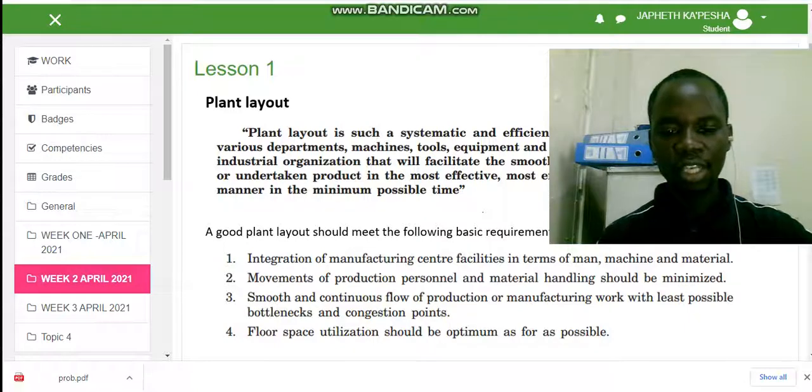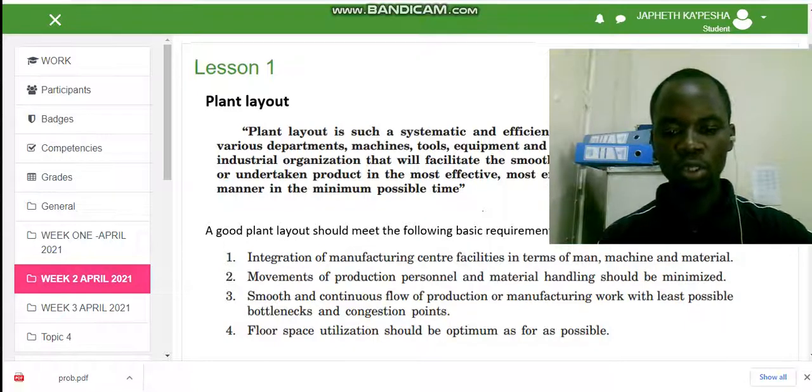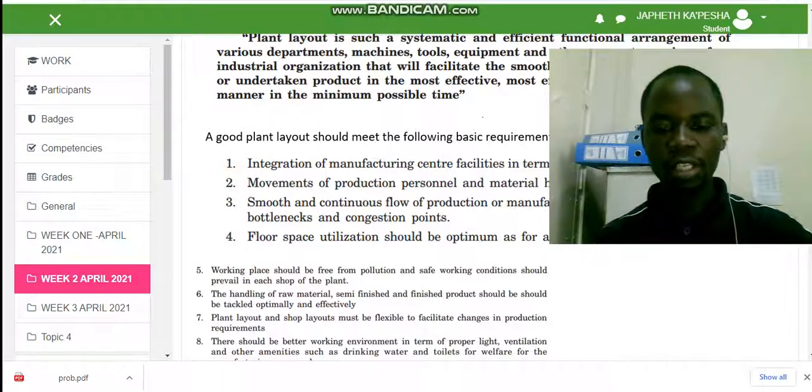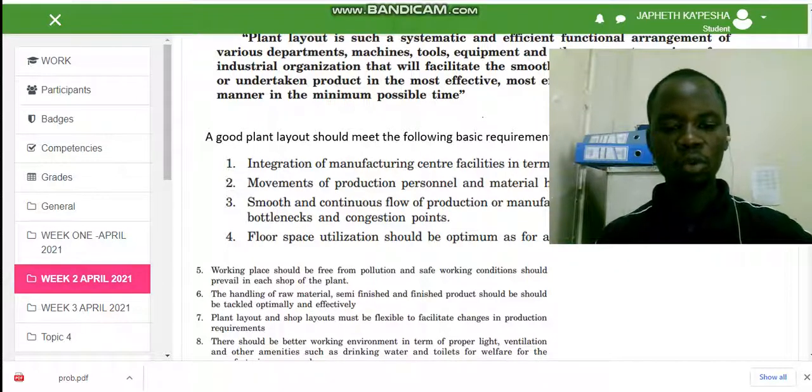Floor space utilization should be used effectively, and working place should be free from pollution. Safe working conditions should prevail in each shop of the plant. The handling of raw materials, semi-finished and finished product should be tackled optimally and effectively.